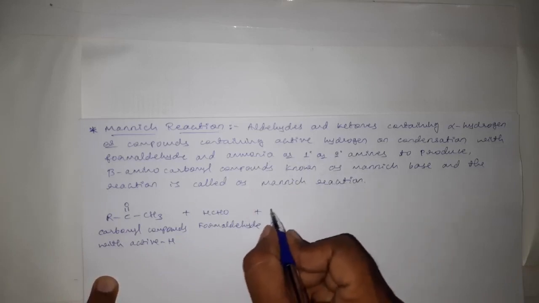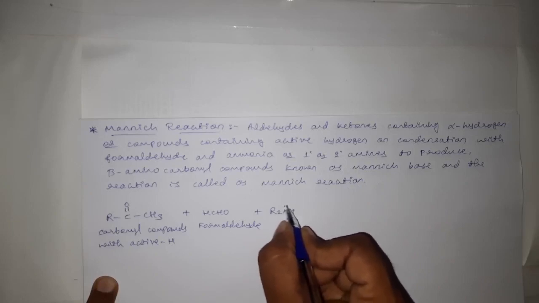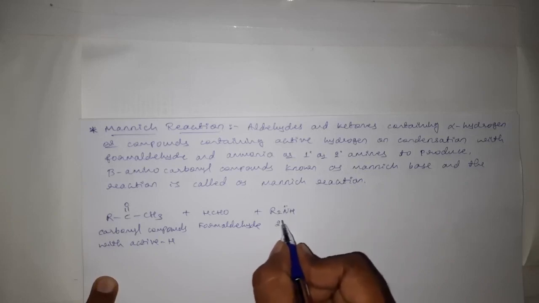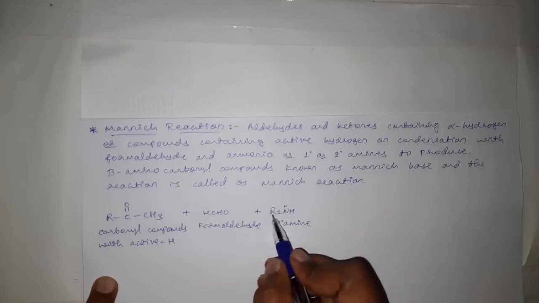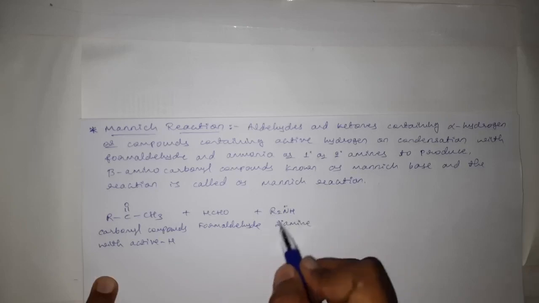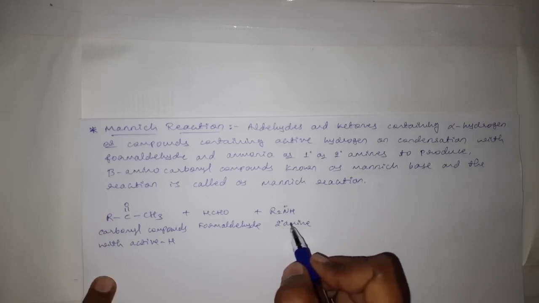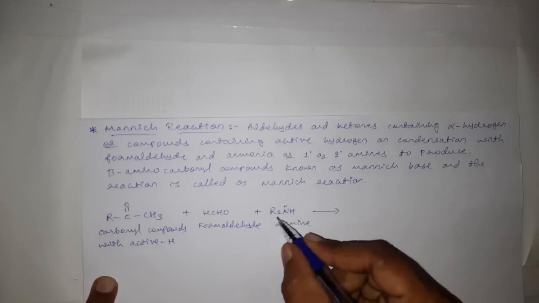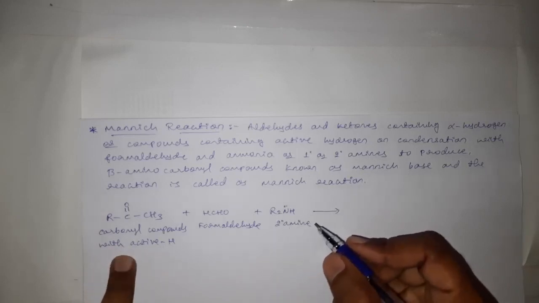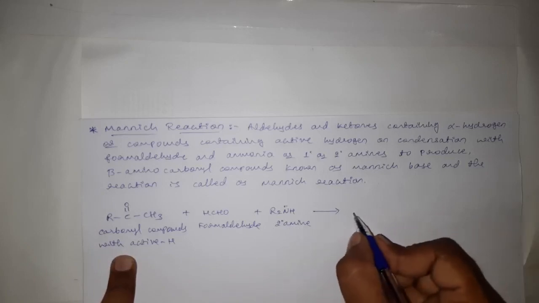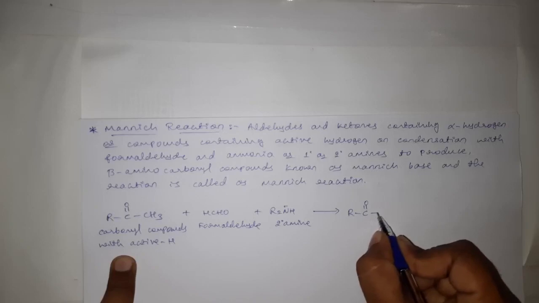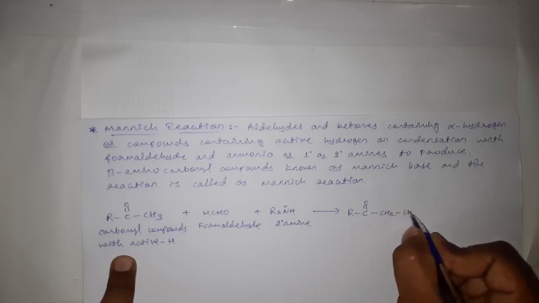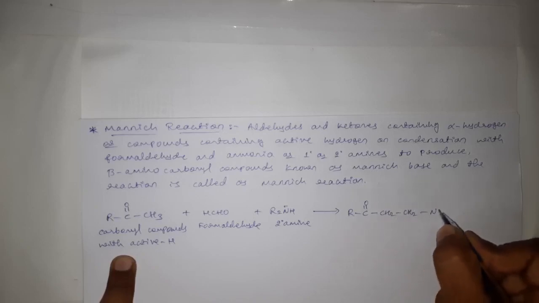Here I am taking in general R2NH. This is a secondary amine. Here, in place of R, if hydrogen is there, then it becomes ammonia. These carbonyl compounds will now undergo condensation to give C double bond O, CH2, N.